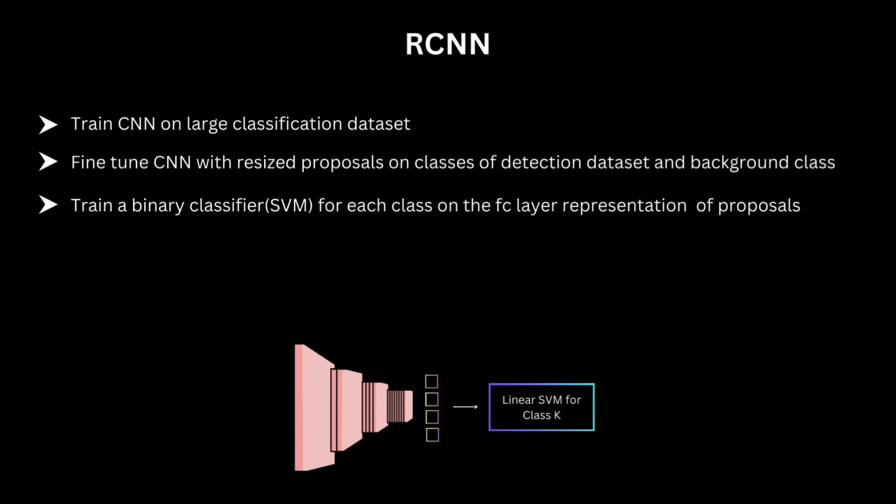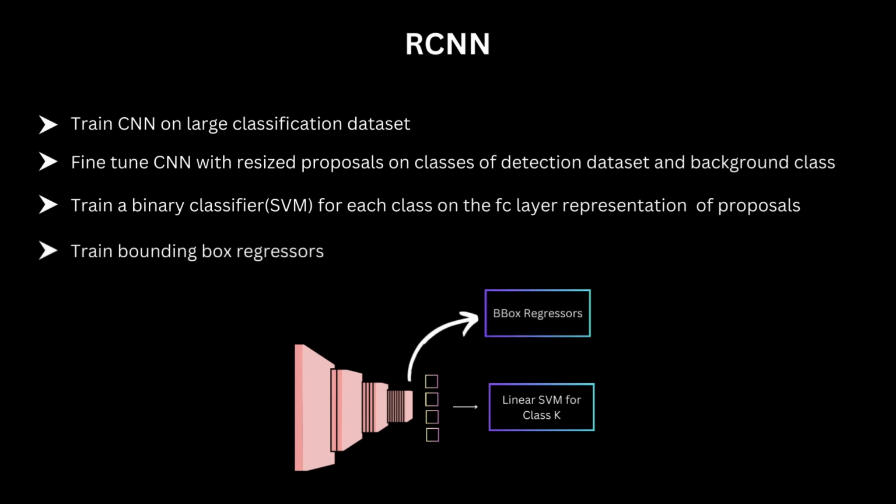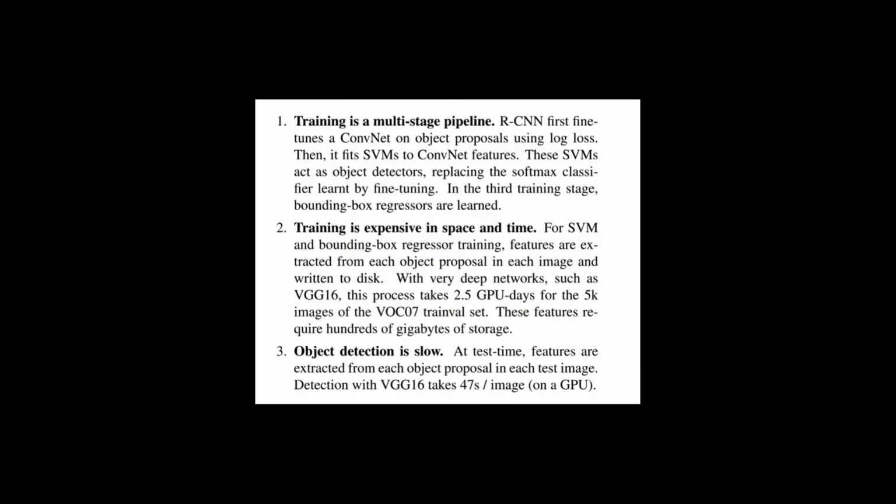And as the last step, we also trained bounding box regressors to take the pooling layer representation of proposals and modify the proposal boxes to get a better localized box for the object of interest. If you need to review what's happening in RCNN in detail, do check out my video on it before going ahead with Fast-RCNN. The authors of Fast-RCNN mention the following problems with this approach of object detection.